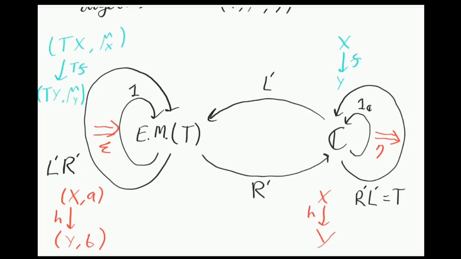And so there we have it. We've described this forgetful functor R' and the left adjoint, the free functor L'. And the unit involved in this adjunction is just the unit of our monad.